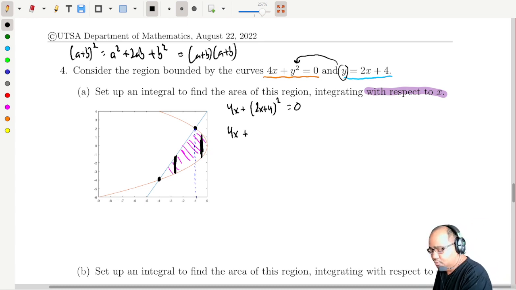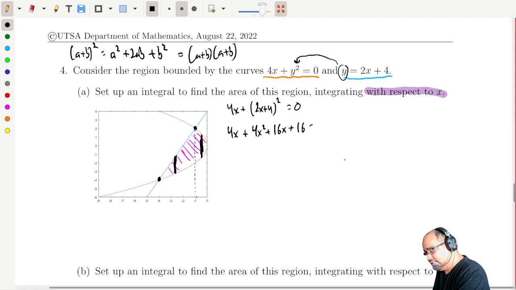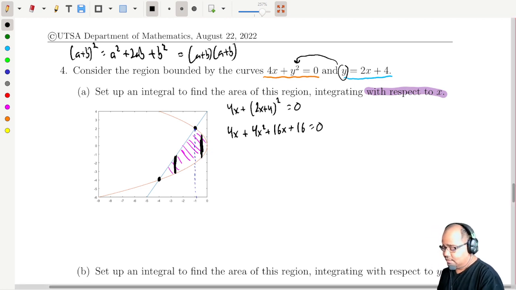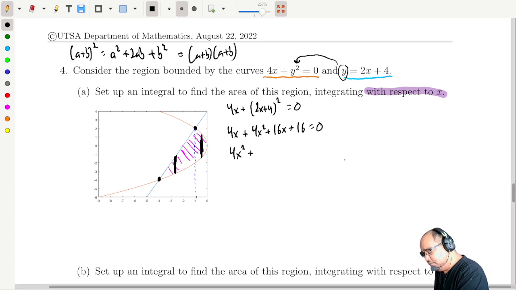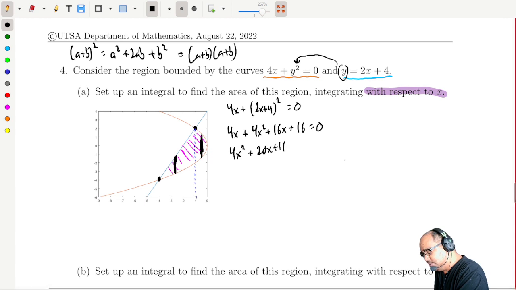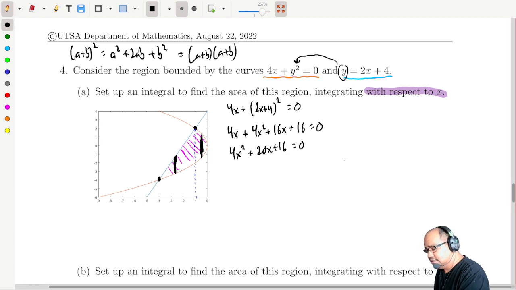If we use that rule here, we'll have the first thing squared, so 2x squared is 4x squared, plus 2 times the first times the second. 2 times 4 is 8, times 2 is 16x, then plus the second thing squared, 16. So let's collect some like terms here and shuffle these things so it looks a little easier to read. 4x squared plus 20x plus 16 equals 0.